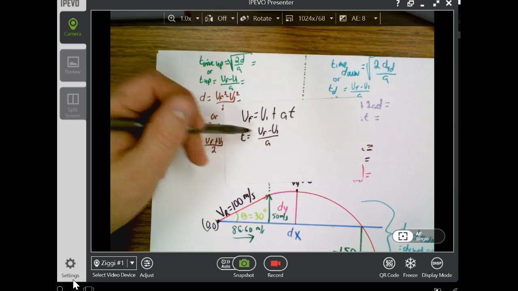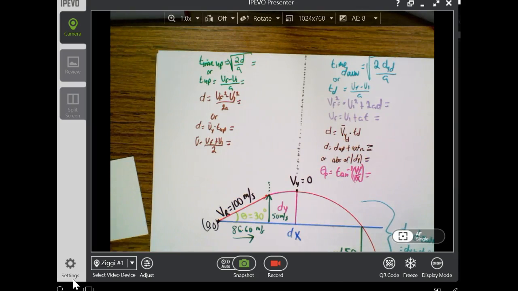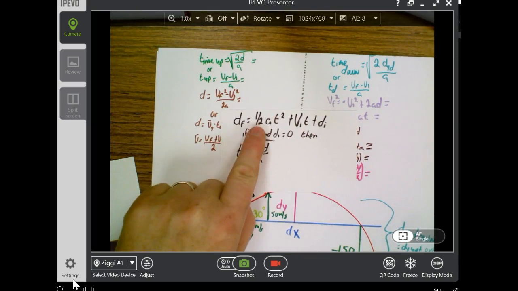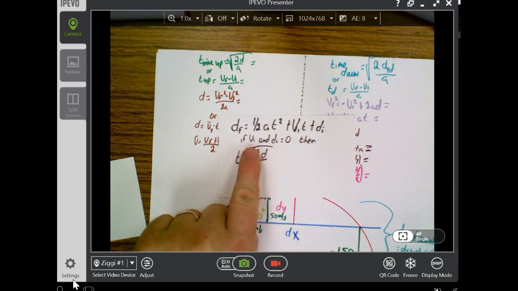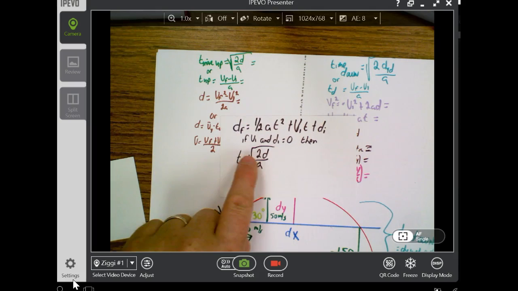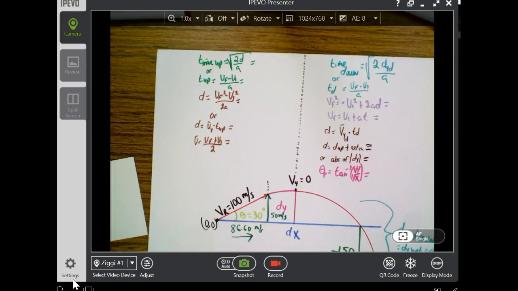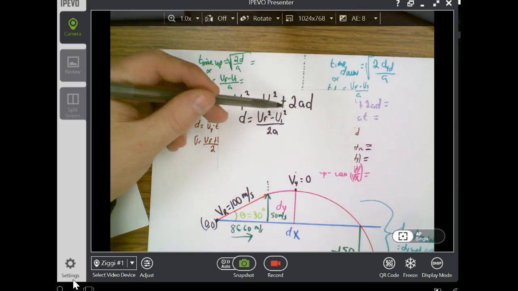This is also acceleration, because acceleration is delta v over delta t. We have your quadratic version, where distance final is 1/2 at squared plus velocity initial t. If this is 0 and that is 0, then you can use this shortcut, which I have up there. We also have our time-independent equation, velocity final squared equals initial squared plus 2ad.